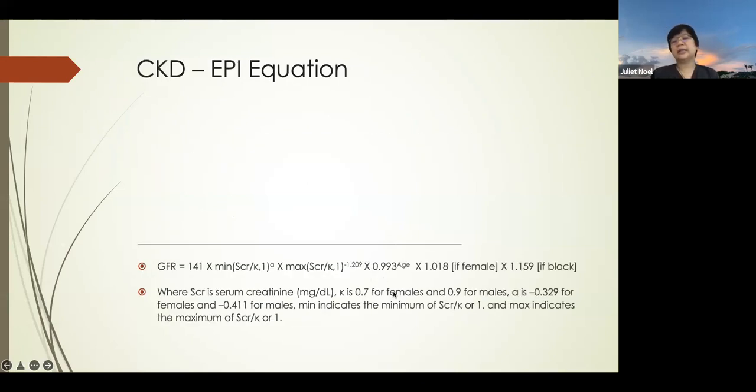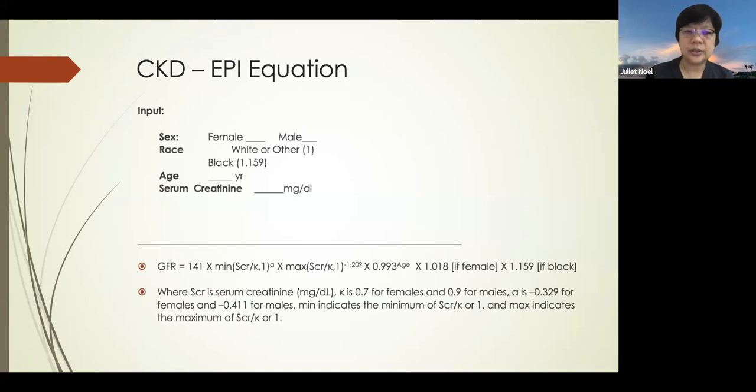For the CKD-EPI equation, it comes out nearer than the other formula, no? So this one will also consider the age, the gender, the race, and the serum creatinine. So when you input that, then you will find the GFR also in ml per 1.73 meters squared body surface area.